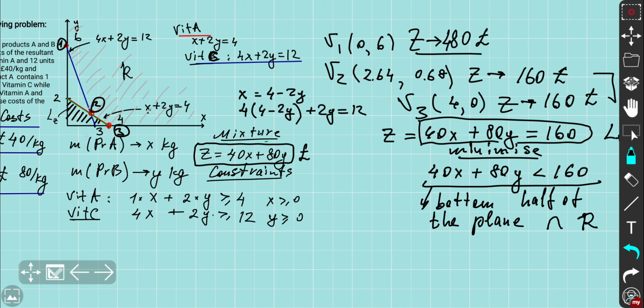Because we have strict inequality, it doesn't have any common points. Even though it coincides with the red line of vitamin A, which is actually included in the boundary, we have strictly less than 160. That means no common points.